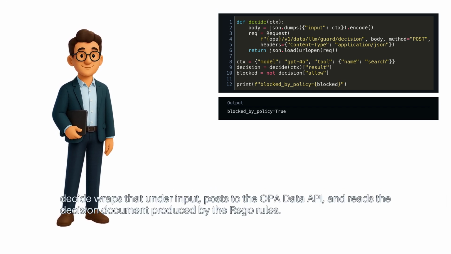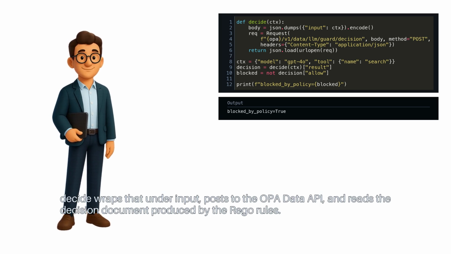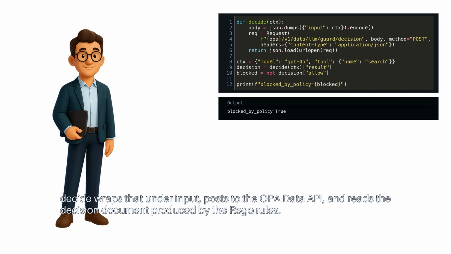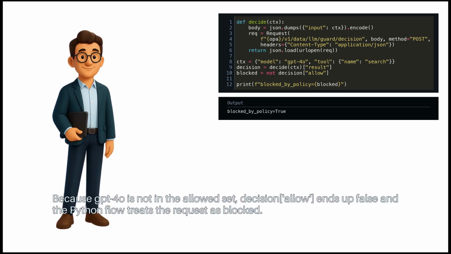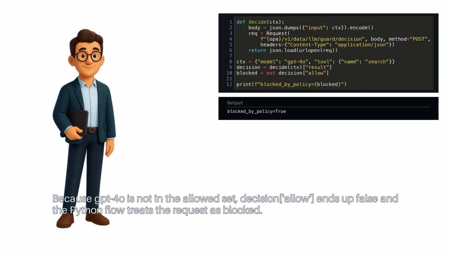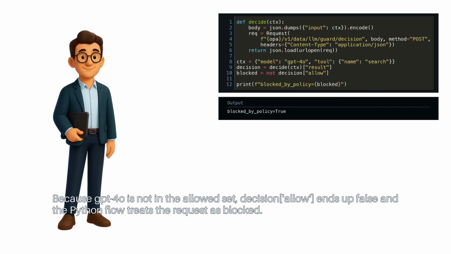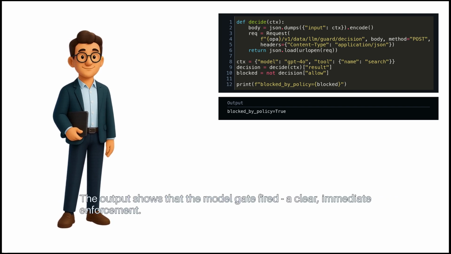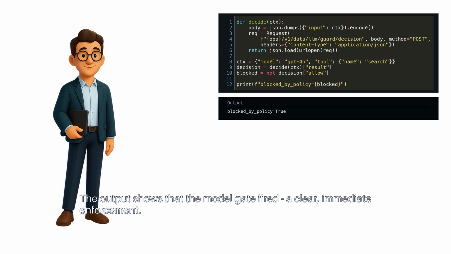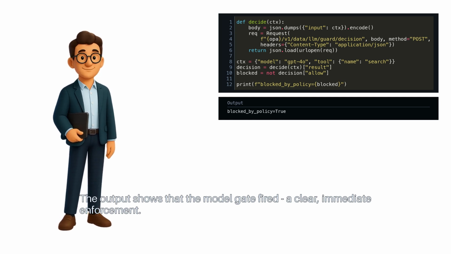Decide wraps that under input, posts to the OPA data API, and reads the decision document produced by the Rego rules. Because GPT-4o is not in the allowed set, decision allow ends up false, and the Python flow treats the request as blocked. The output shows that the model gate fired, a clear, immediate enforcement.